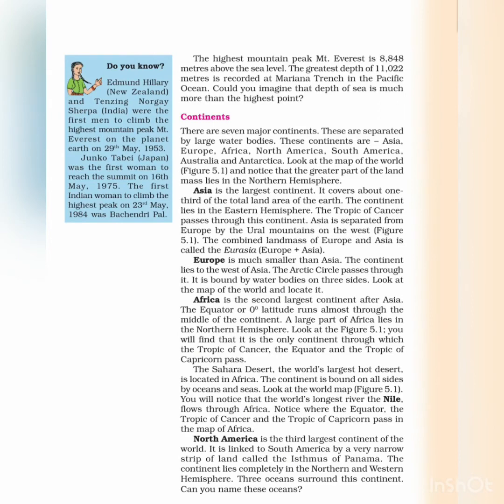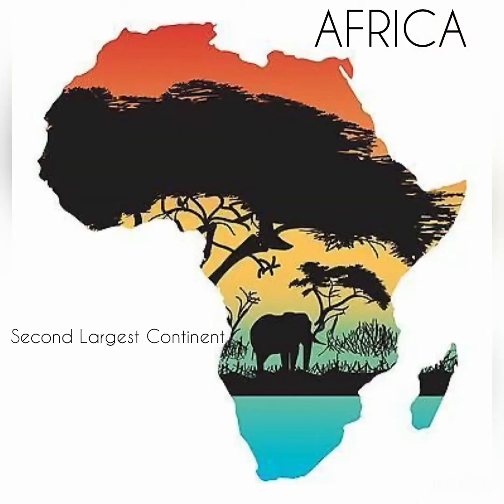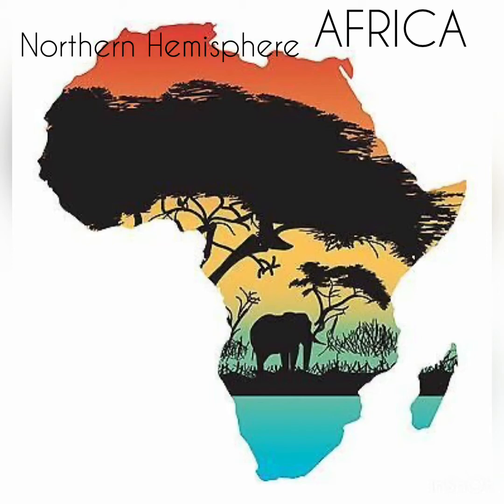The next continent is Africa. Africa is the second largest continent after Asia. The equator or 0-degree latitude runs almost through the middle of the continent. A large part of Africa lies in the northern hemisphere.